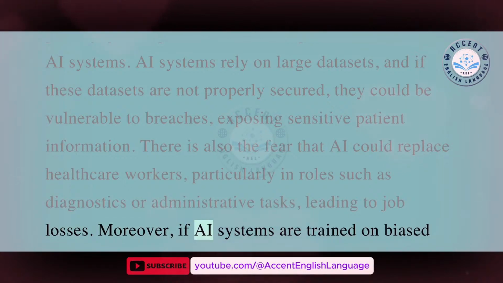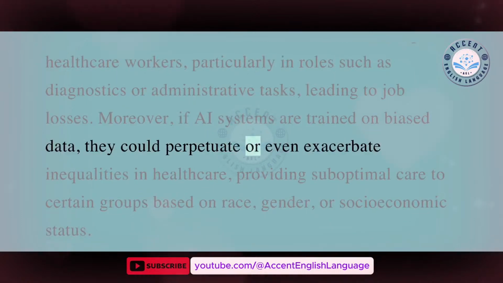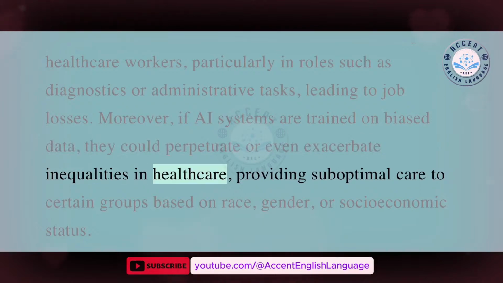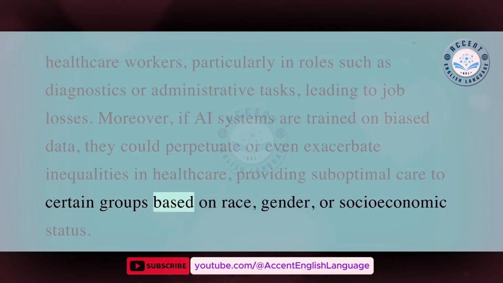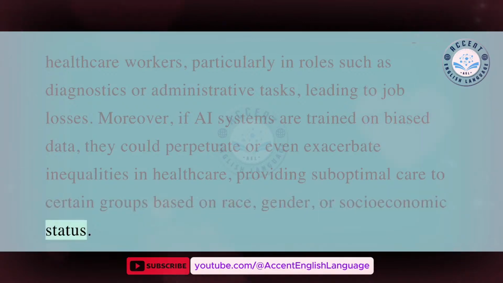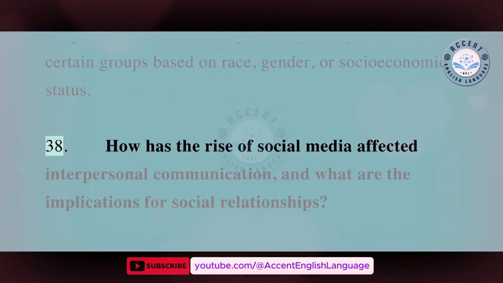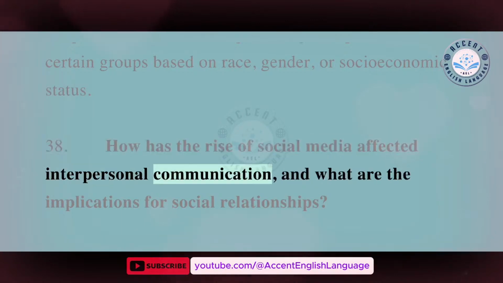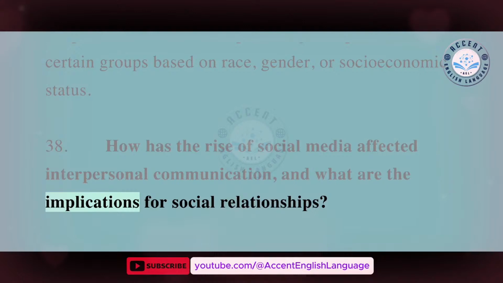Moreover, if AI systems are trained on biased data, they could perpetuate or even exacerbate inequalities in healthcare, providing suboptimal care to certain groups based on race, gender, or socioeconomic status. 38. How has the rise of social media affected interpersonal communication, and what are the implications for social relationships?